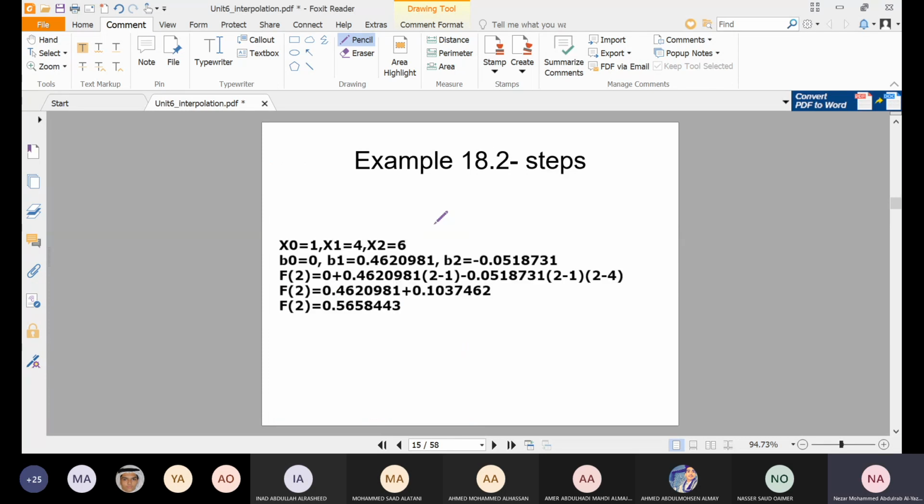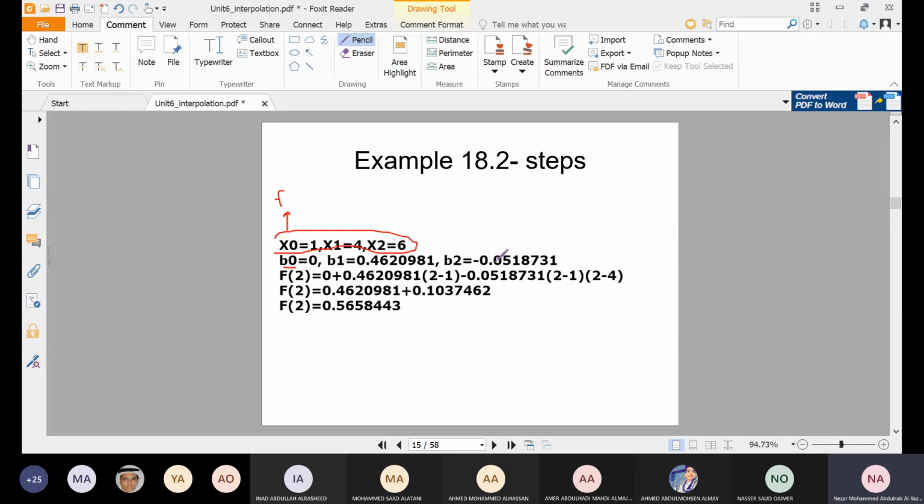Okay, so let's go to the steps that we have here. The first step you will select, as our brother asked about, the points that I have, so x0, x1, x2. Also we initiate with the function. What's the value of the function at x0, at x1, and at x2? After that, I will use the finite divided difference formula to compute b0, b1 and b2.